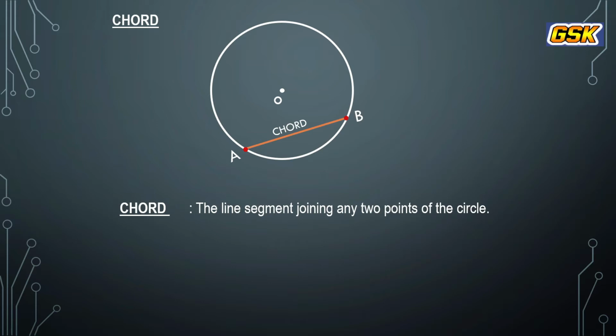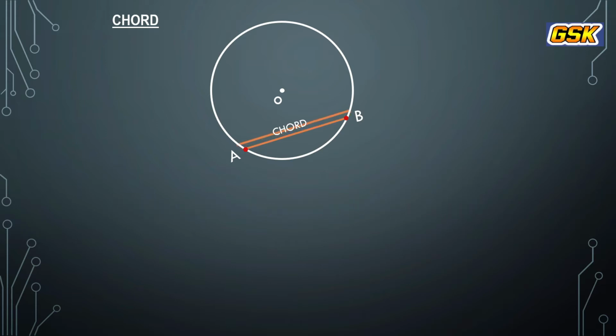As this chord moves towards the center, its length increases. As it moves away from the center, its length decreases. The longest chord possible passes through the center and we call it as diameter.